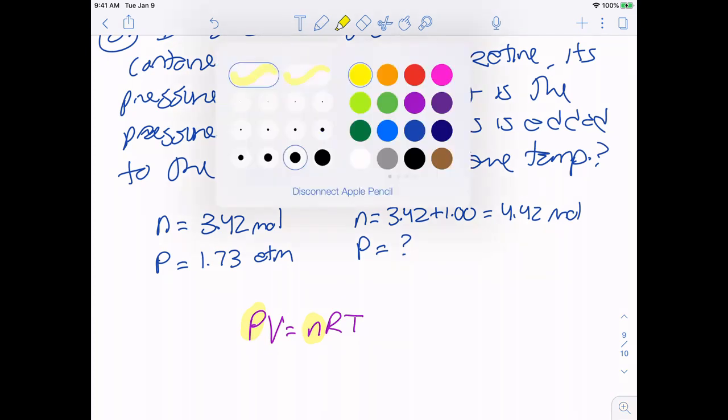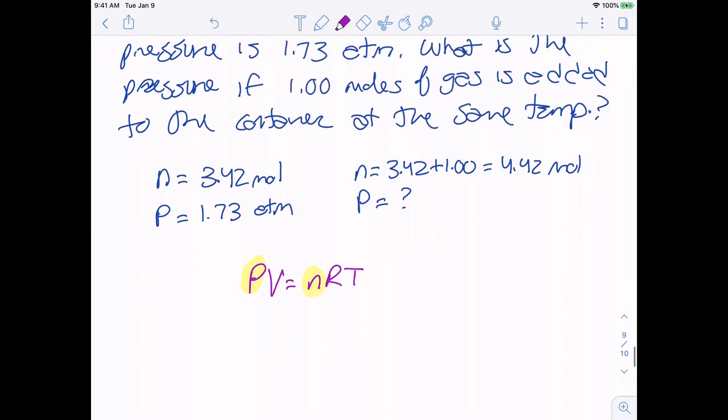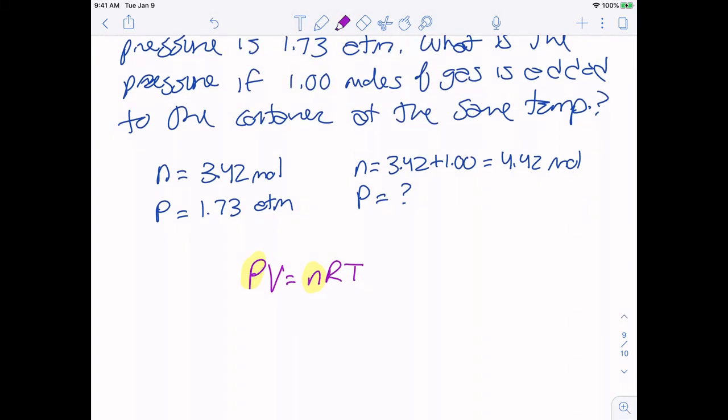So I'm going to rearrange this equation so I get the things that are varying on one side. I'm going to divide both sides by n, and then I'm also going to divide both sides by V. So I get this, and then this is constant.